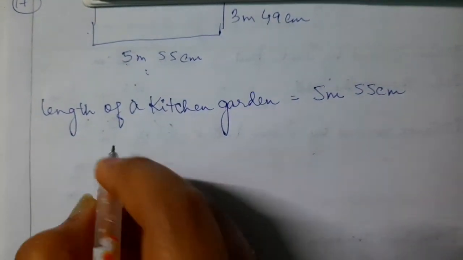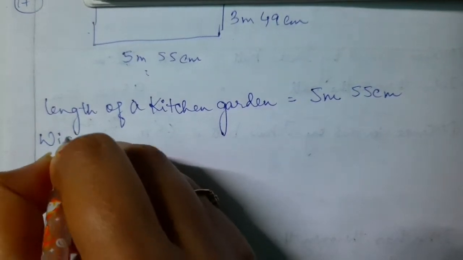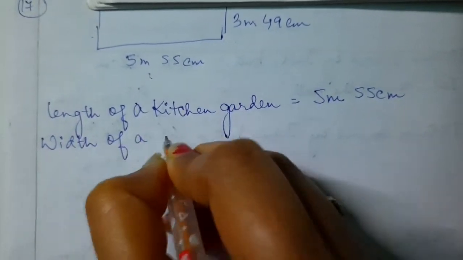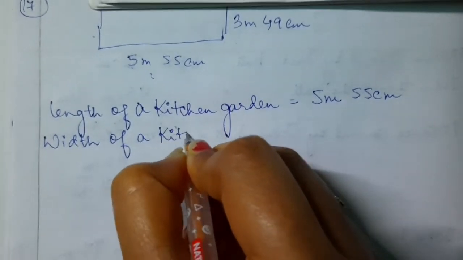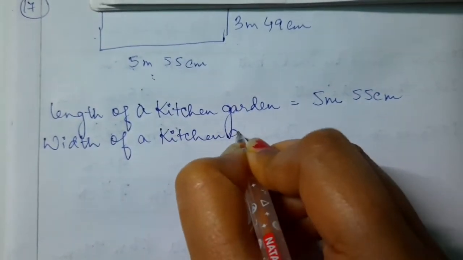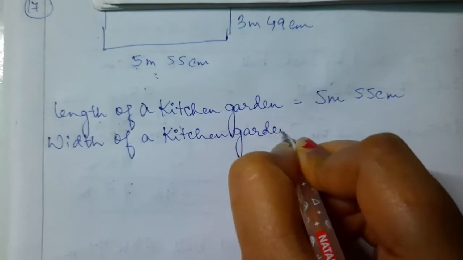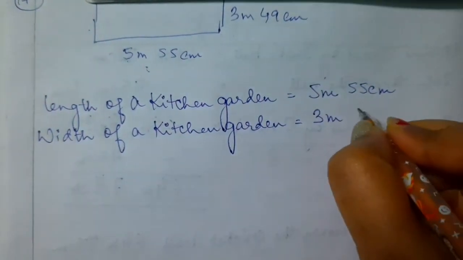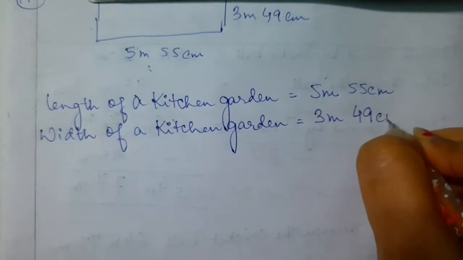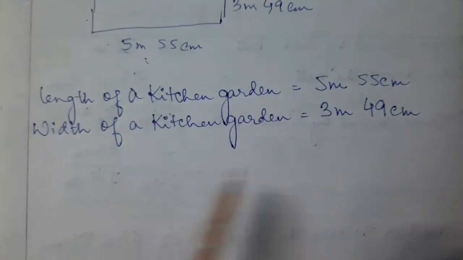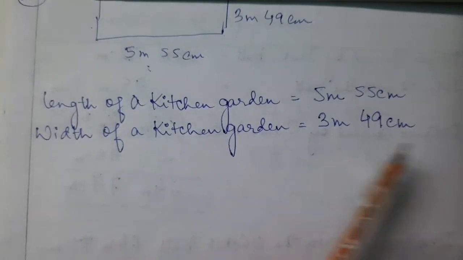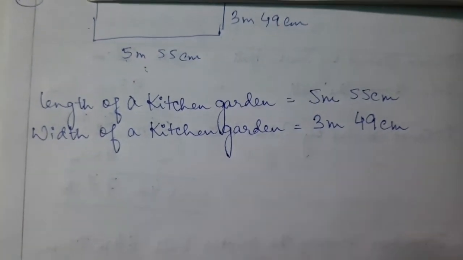Then the width or breadth, same thing. What is the width? 3 meter 49 centimeter. Length of a kitchen garden 5 meter 55. Width of a kitchen garden 3 meter 49 centimeter.